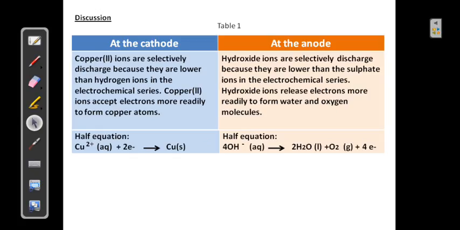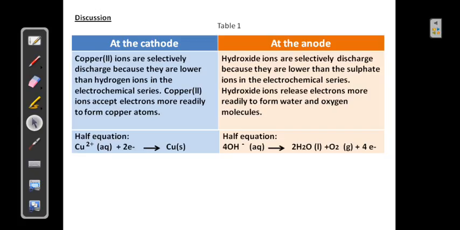So the half equation at the cathode: copper 2 ion, when they receive their 2 electrons, so they get back their electrons, so now they are back to themselves as being copper atoms, right? So they settle down as a solid metal, whereas at the anode, 4OH- or 4 hydroxide, in aqueous form, will yield 2 H2O, 2 water molecules in liquid, and 1 oxygen gas.